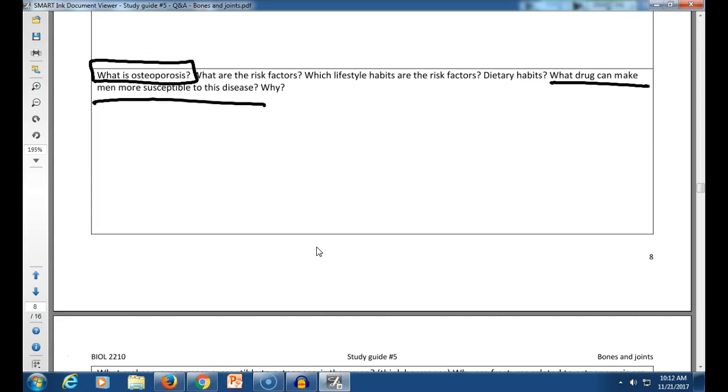Drugs that treat prostate cancer, what do they inhibit? Yes, androgens including testosterone. So when androgen levels, including testosterone, start to decline rapidly, men will develop osteoporosis. Does that make sense? Okay.